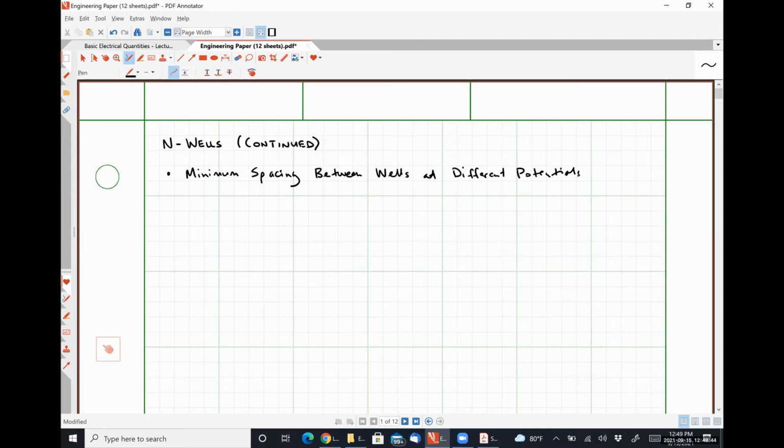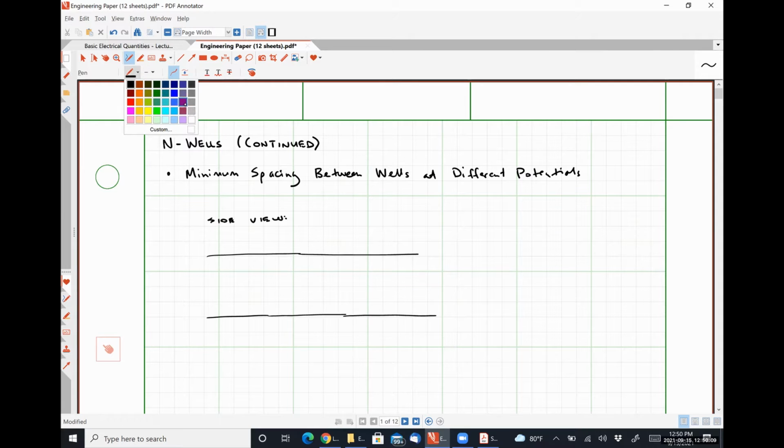Okay. I'm going to try to draw a side view of a substrate with a couple of wells implanted into it. I believe to this point I've been using purple for N wells, and I'm going to try to stay consistent with my colors.